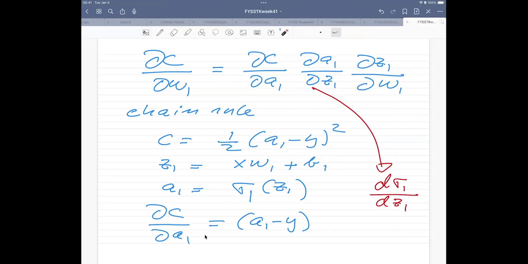Just keep in mind that A1 is given by this expression, so I'm going to label this one as sigma 1 prime, the derivative of sigma 1 with respect to C1. Now the final term: going back to this expression, the derivative of that one with respect to W1 is simply X.